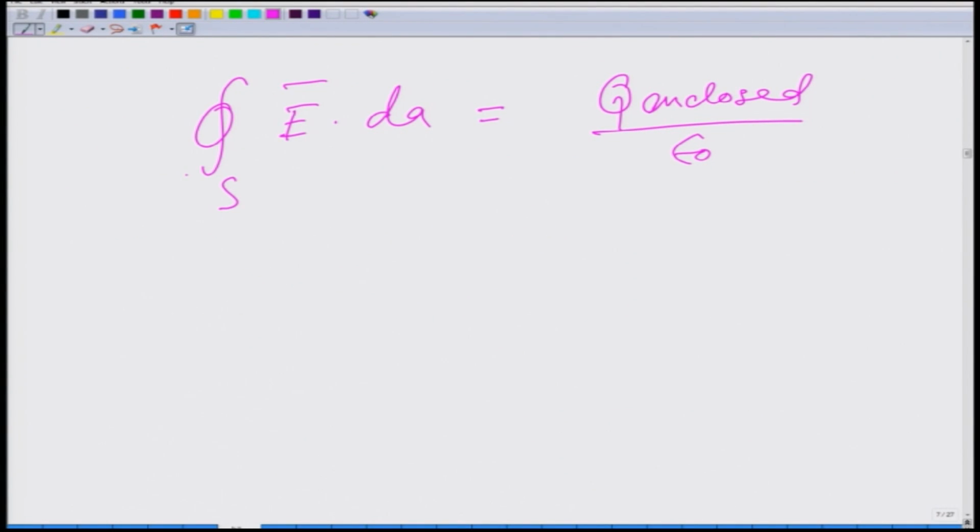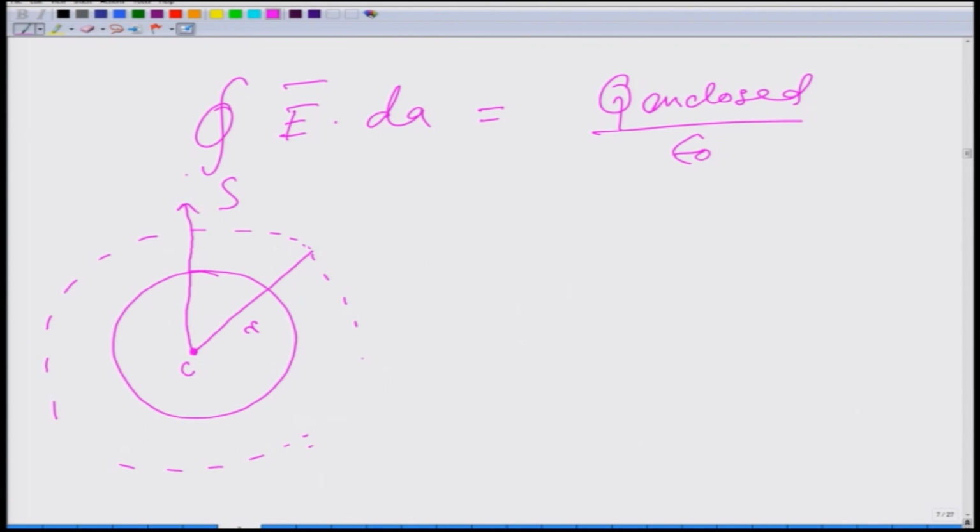All right. Now let us recall how we find the electric field outside a metal sphere. Say I want to find the electric field at a distance r from the center, C being the center, with the z axis making an angle theta.